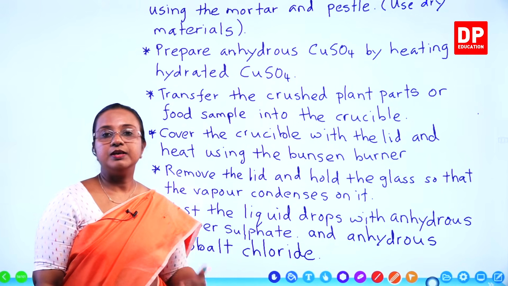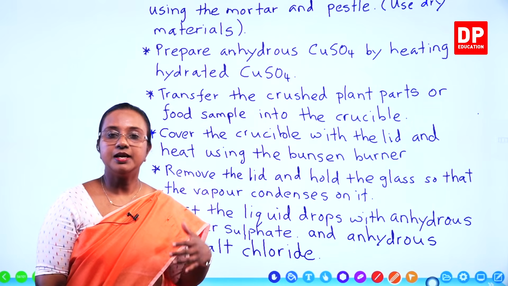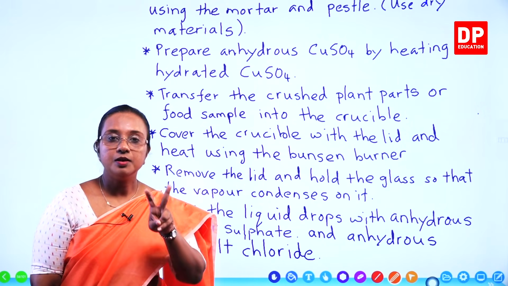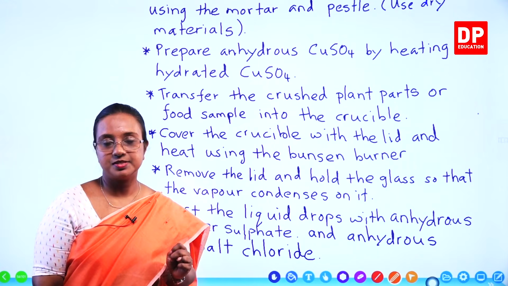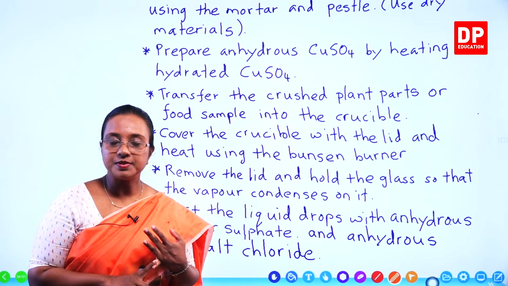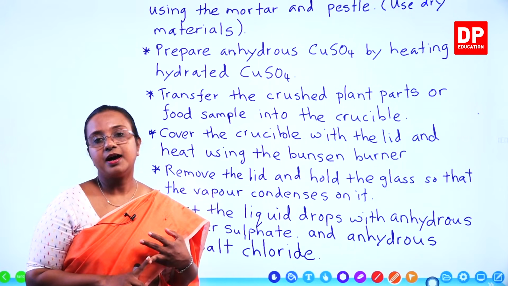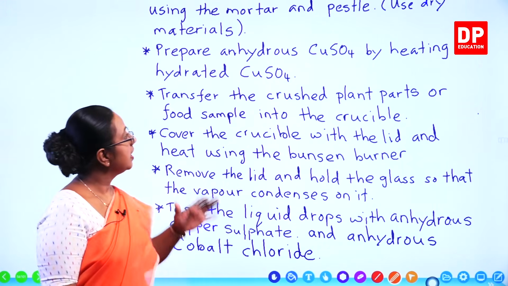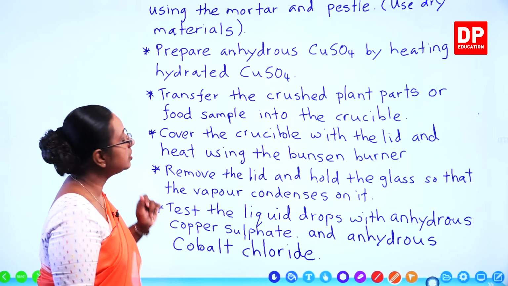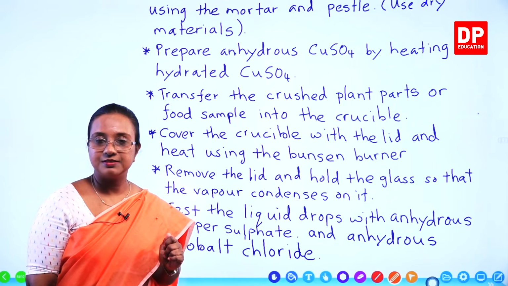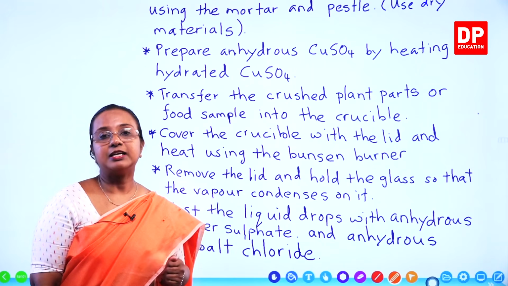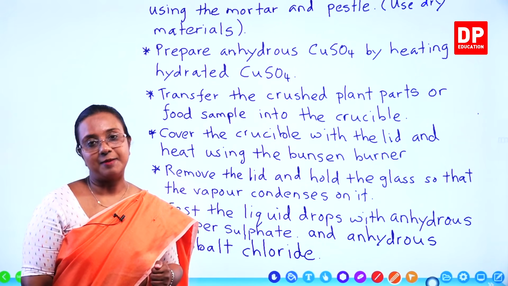So here we will be doing the activity and testing the liquid droplets with both chemical substances, anhydrous copper sulfate and anhydrous cobalt chloride. So students, now that you have understood the steps of this activity clearly, let us do the activity in the lab.